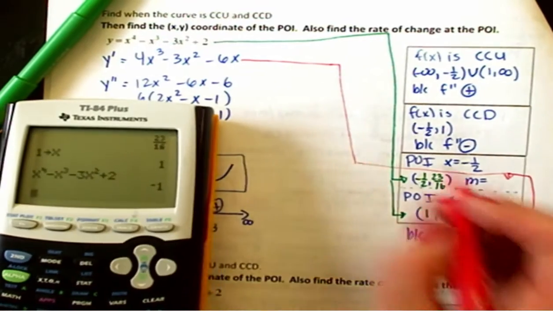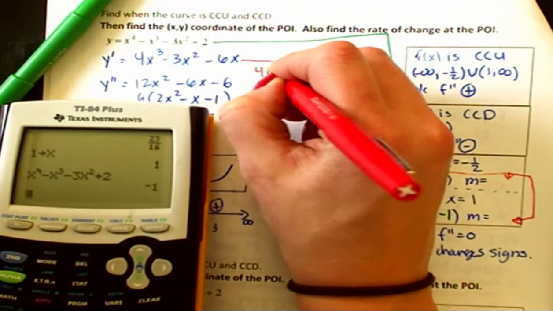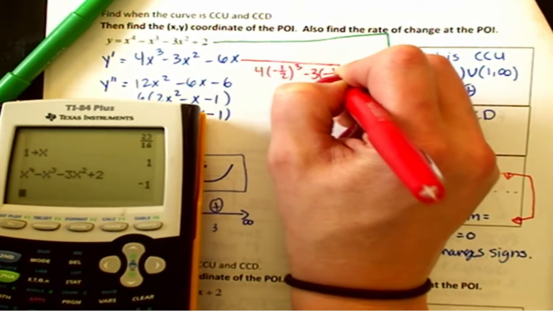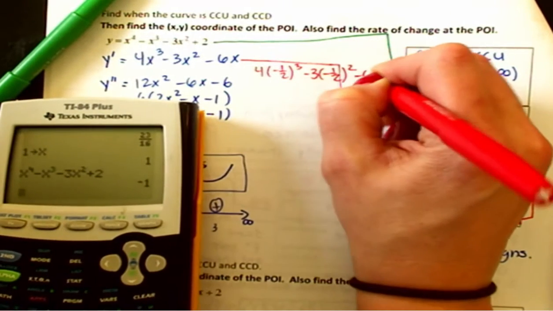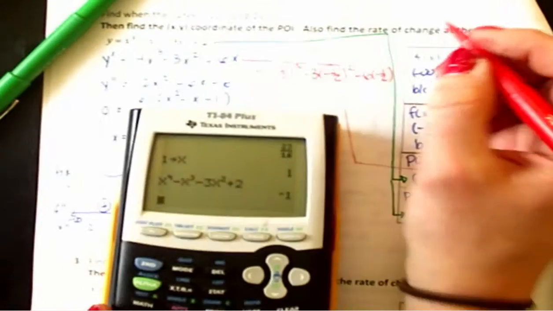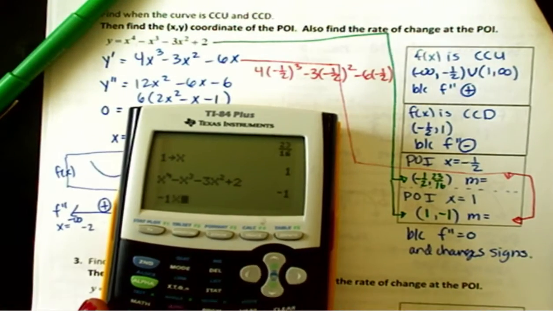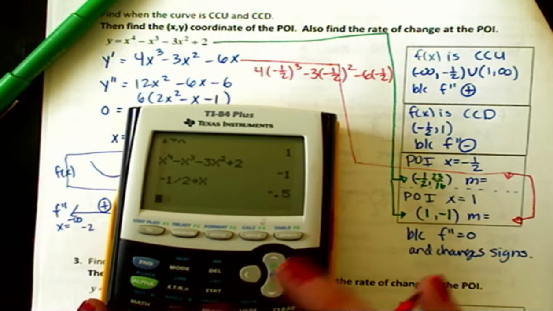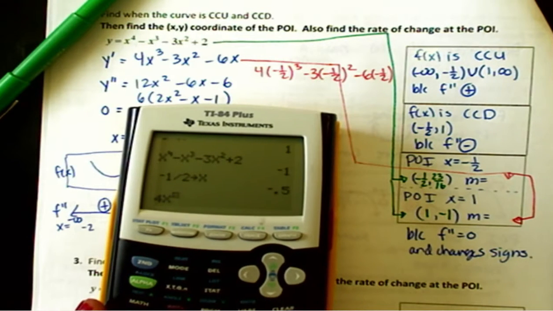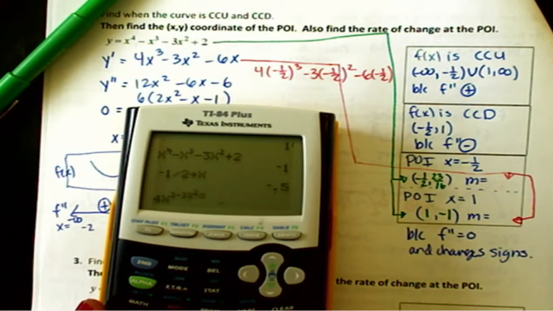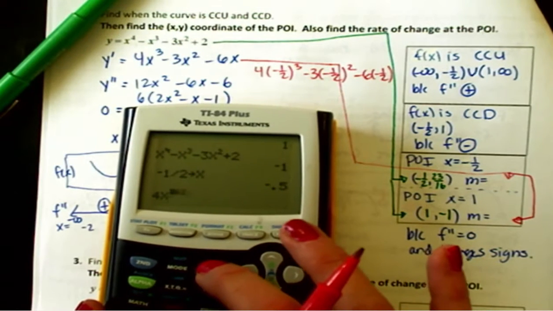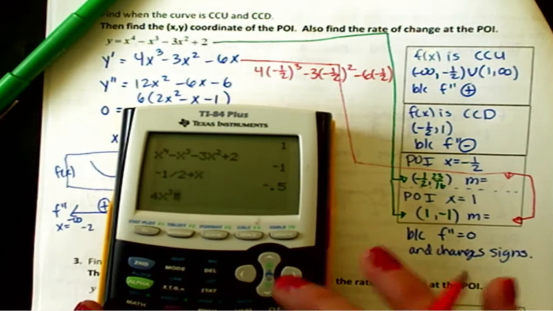Okay, now let's do slopes. So 4 minus 1/2 squared minus 3. Okay, negative 1/2, store for x. And I've got to type in slope. 4x power 3 minus 3x squared minus 6x. Oh, cubed.